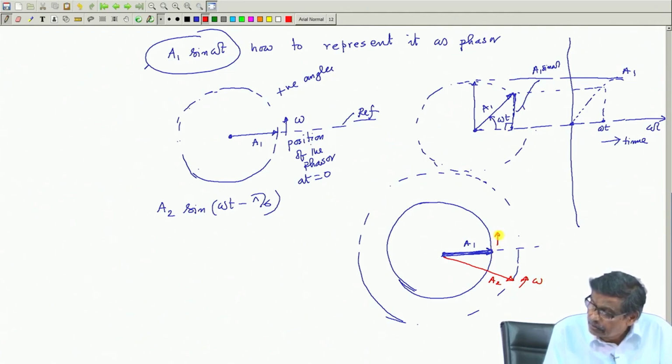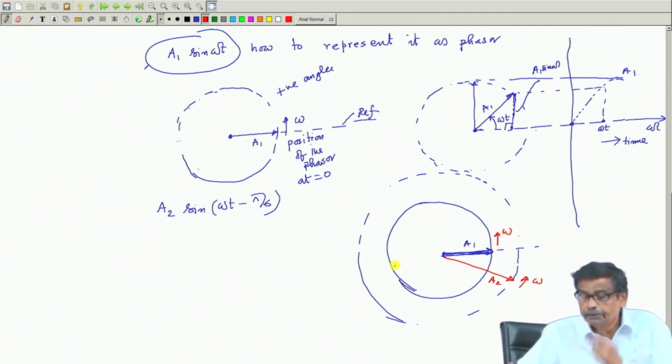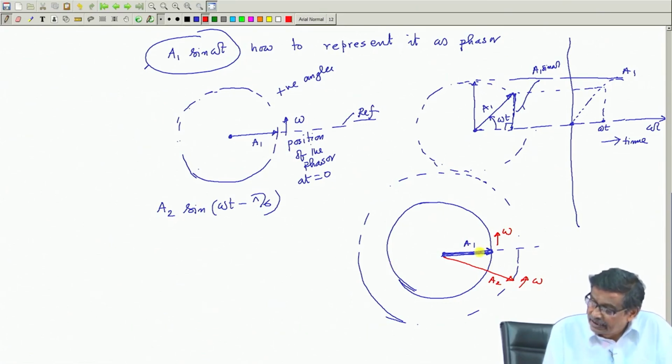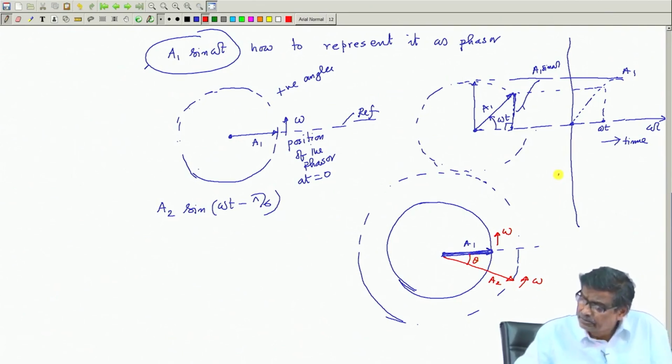Mind you, phasors you can only represent for the same frequency. You cannot represent two sinusoidal quantities, one with 50 hertz, another with 25 hertz, on the same phasor plane. They must move together, and this angle is theta. And what is the idea? The idea is that you draw a vertical line here.